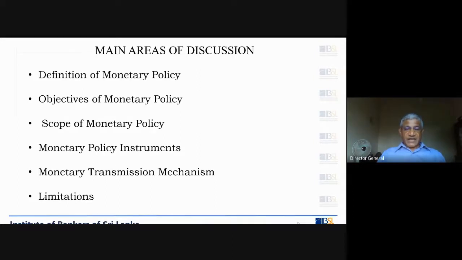Because the central bank can influence each and every person in society as long as they use money. So even an average person, a very poor person in a remote area of Sri Lanka, uses money, and big conglomerate companies also use money. So there is a big difference, very small, very remote, and very big, the modern world.